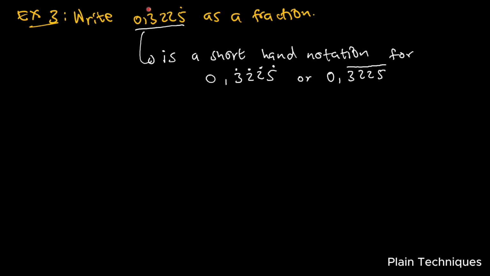You just put a dot on the first number that is repeating and the last one that is repeating, to avoid having to put dots everywhere. So if you see something like this, just know this is a shorthand notation for this. It can either be 0 comma 3225 with dots, or you can simply connect the dots and put a line. So keep that in mind.